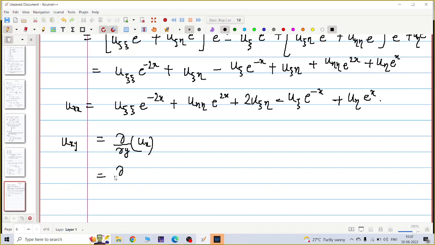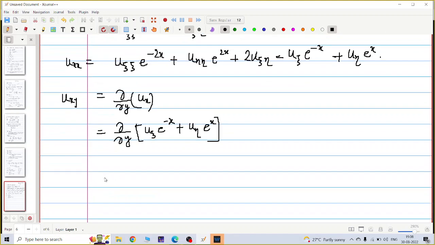Okay, what is ux? Ux is u xi into xi x, xi x is e power minus x, plus u eta into eta x, eta x is e power x. Okay, so now I will do the same thing as I did earlier. Del y of u xi e power minus x plus del y of u eta into e power x.